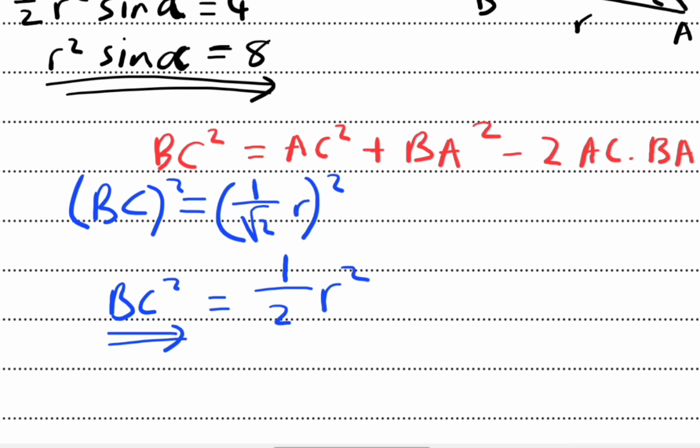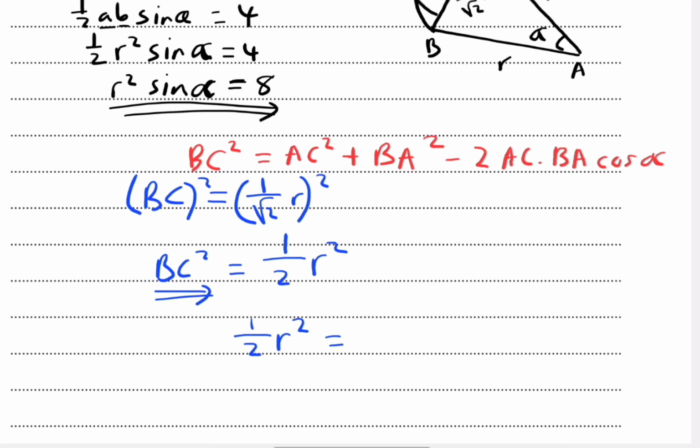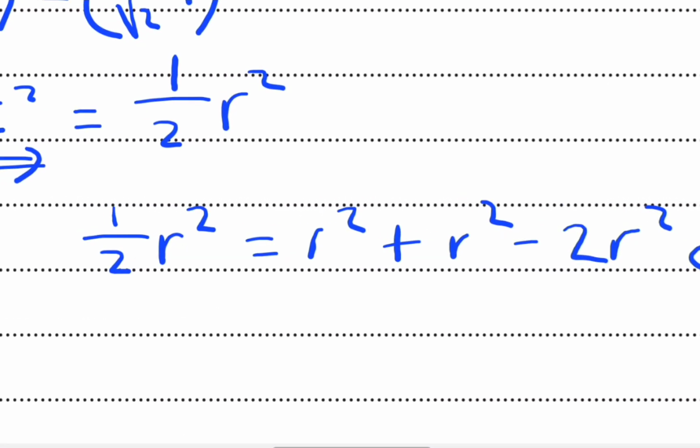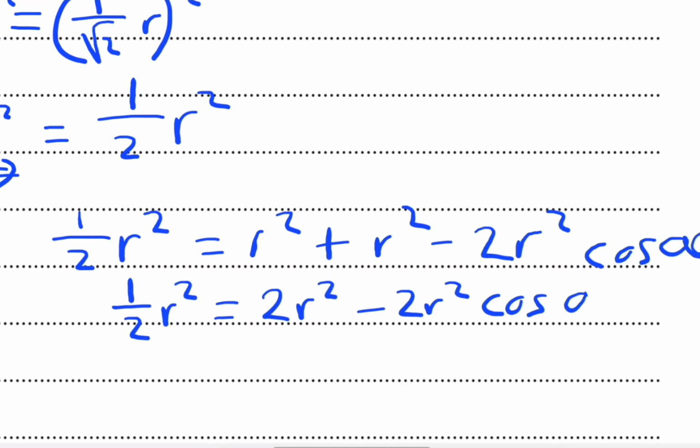That's our BC squared. So for BC squared, we're going to write half r squared, and this is equal to AC squared. AC is just r squared, plus BA is also r squared, minus 2 r times r, so it's 2r squared cos alpha. And this will come down to half r squared equals 2r squared minus 2r squared cos alpha.